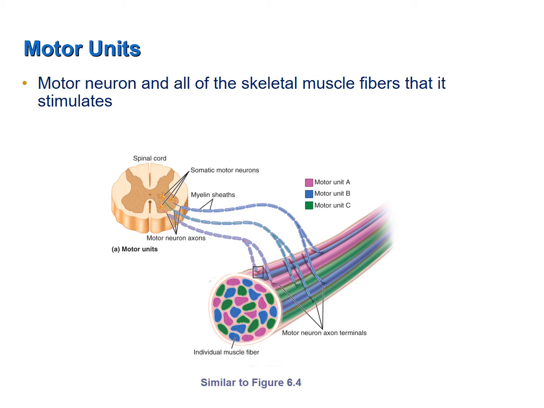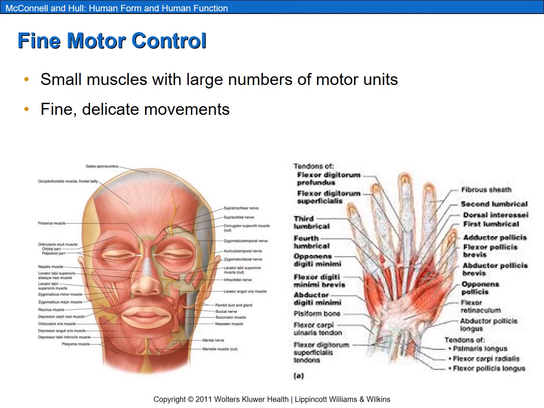In certain parts of the body, precise control of movement is much more important than, say, power. We say that these parts of the body exhibit fine motor control. Some examples would be the muscles of facial expression and the muscles that control the hands, the fingers, and the position and movement of the wrist.